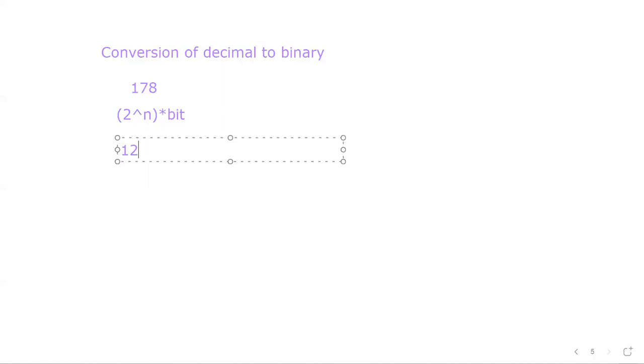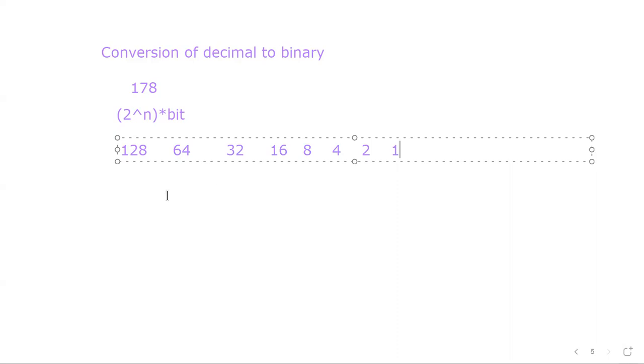So let me write this. Let me simply write the values: 2 to the power 7, 2 to the power 6. I am explaining the shortcut of this, right?